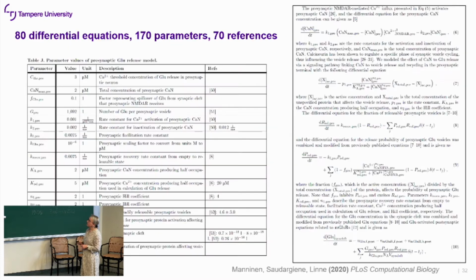This is a very complex model, 80 differential equations, 170 parameters, and the data to construct the model comes from 70 references. So it's not only Min and Nevian, which provided us the hypothesis, but we found the model components from 70 references.